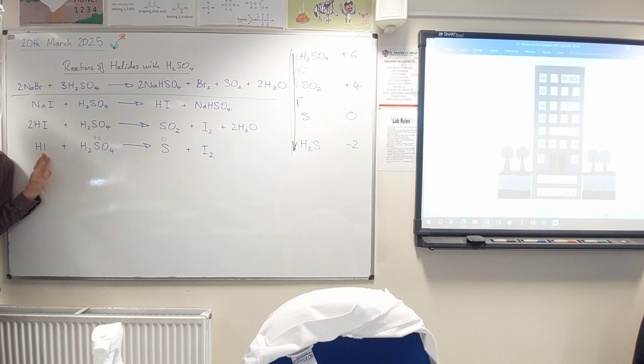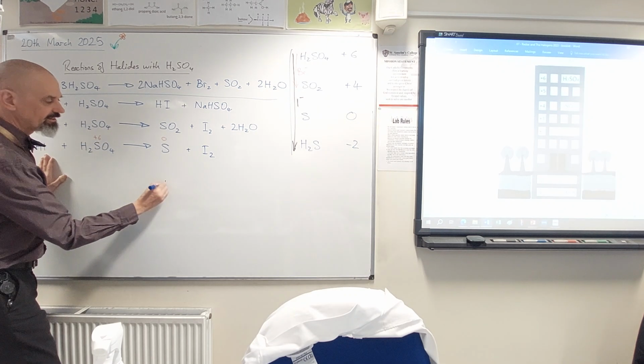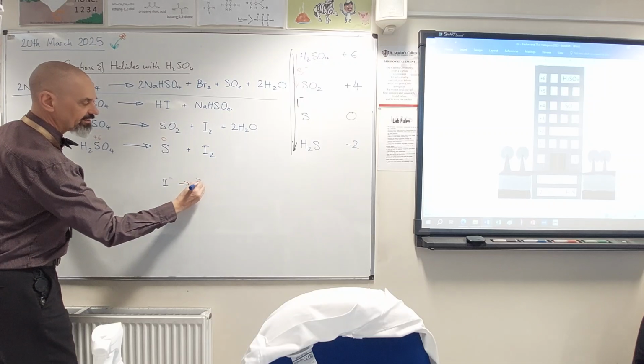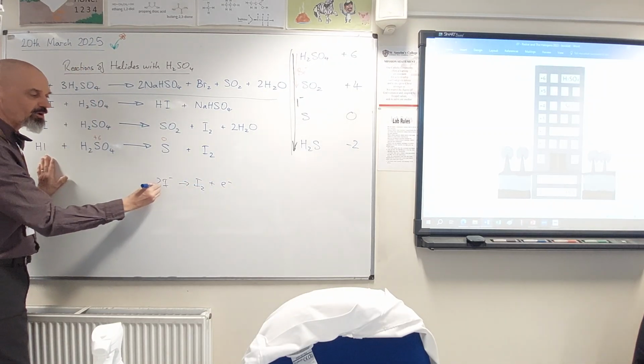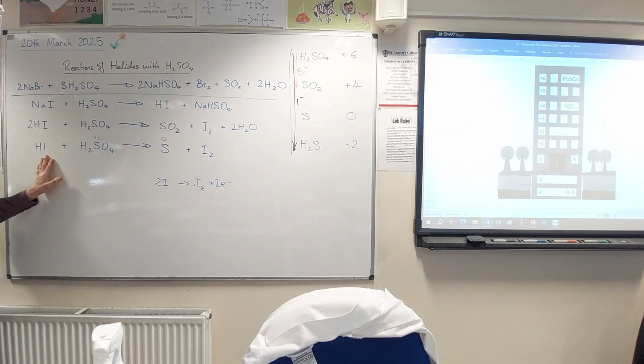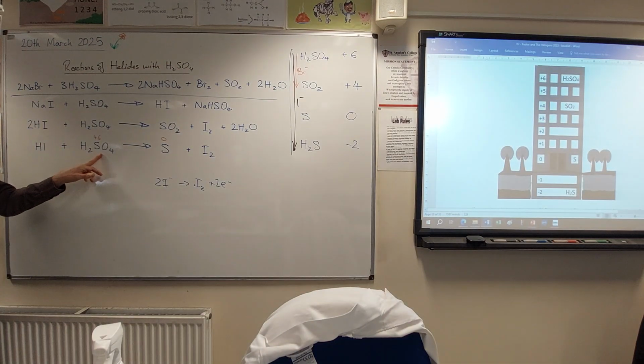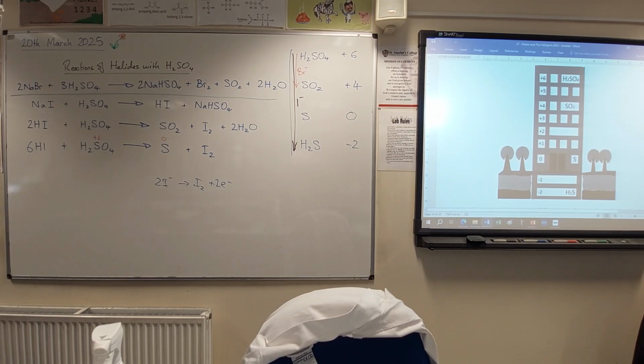Just the one. Yeah, iodide goes to iodine and gives away 1 electron. If it was 2 iodides, it would be 2 electrons. I need 6 electrons, so it must be a 6 in front there. And then everything else will just kind of fall into place after that. You should be able to balance it all from there, putting in the appropriate waters that you need.